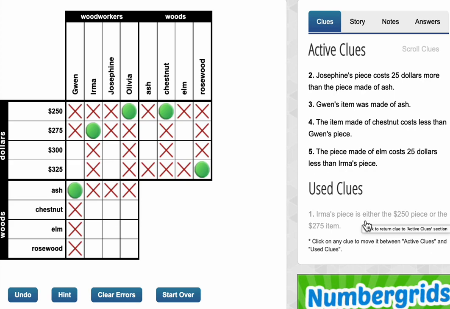Josephine's piece costs $25 more than the piece made of ash. I don't think we have any help there yet. Because if it's this, then Josephine can be here. If it's this, then Josephine could be there. So that's not helpful. Gwen's item was made of ash.